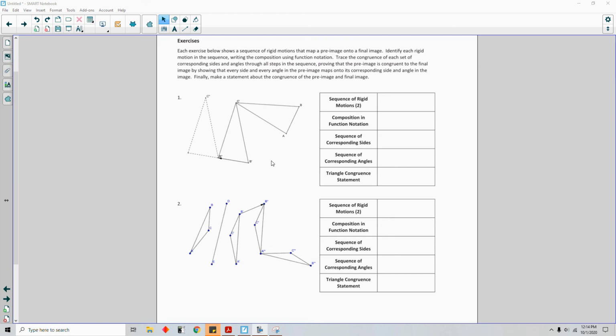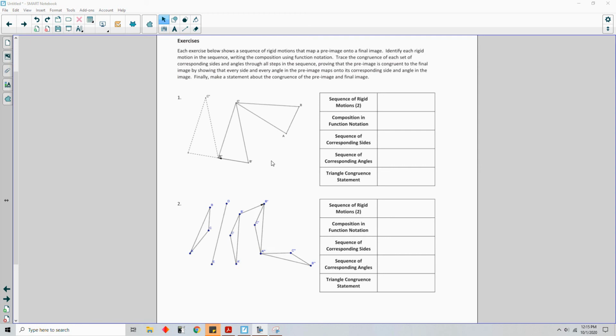Trace the congruence of each set of corresponding sides and angles through all steps in the sequence, proving that the pre-image is congruent to the final image by showing that every side and every angle in the pre-image maps onto its corresponding side and angle in the image. Finally, make a statement about the congruence of pre-image and final image.